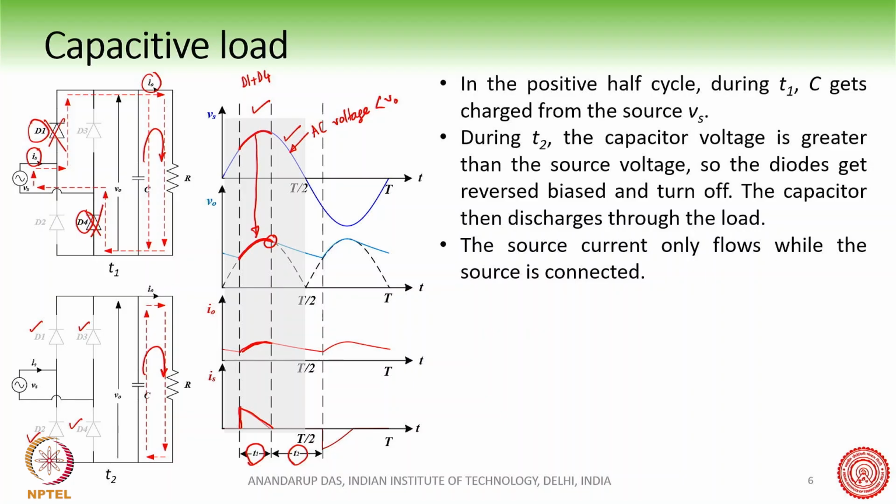Since the diodes have stopped conduction, the capacitor voltage will now fall with an RC time constant, exponentially. This is part of that exponential fall, but we can take a small part.